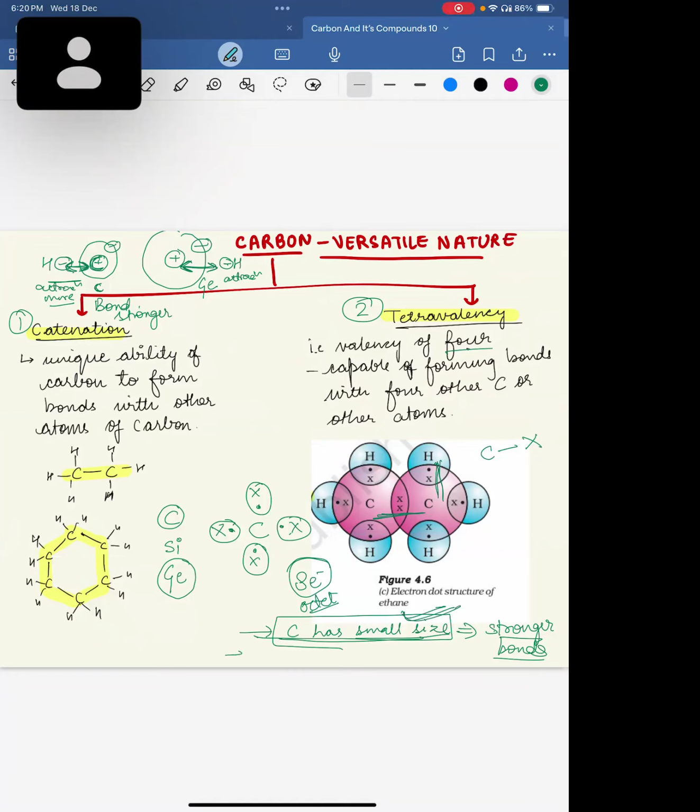This leads to the nucleus holding the shared pair of electrons strongly. That's why the bonds are stronger. Okay.